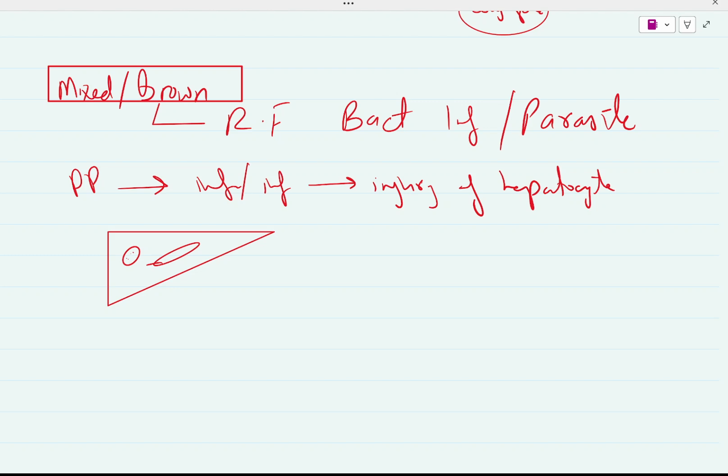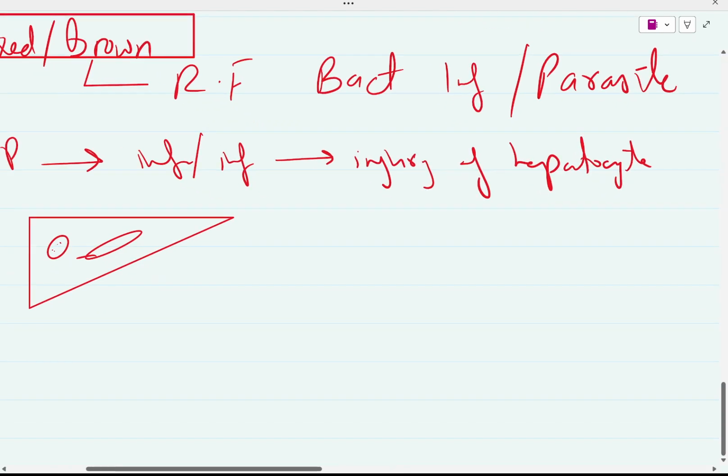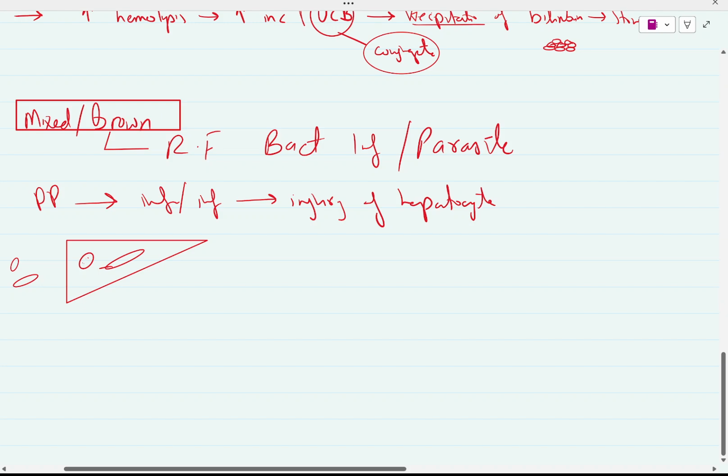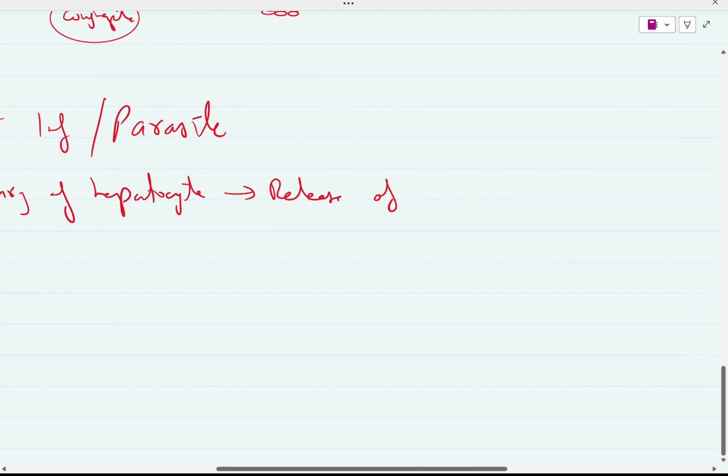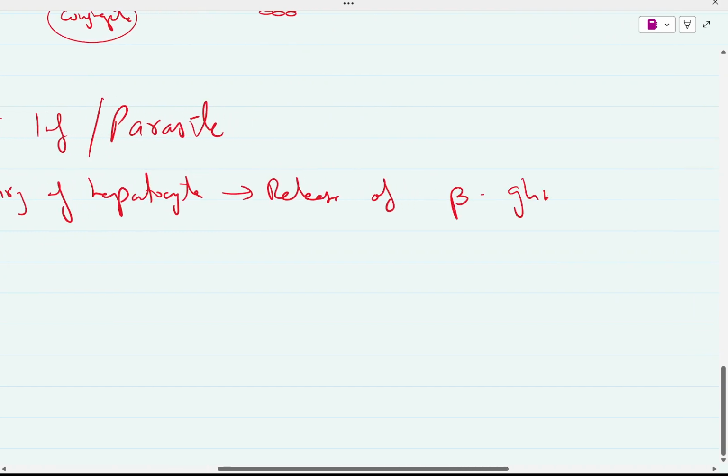You understand that when a parasite or bacteria collides, or there is an accident between liver cells and bacteria or parasite, there will be injury of bacteria as well as liver cells. So what will happen? This leads to release of beta glucuronidase.